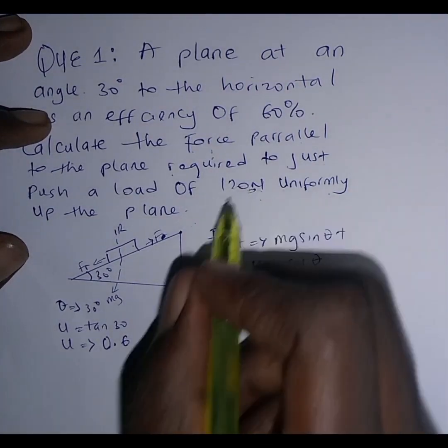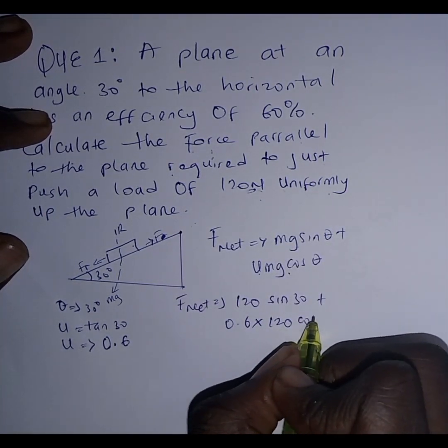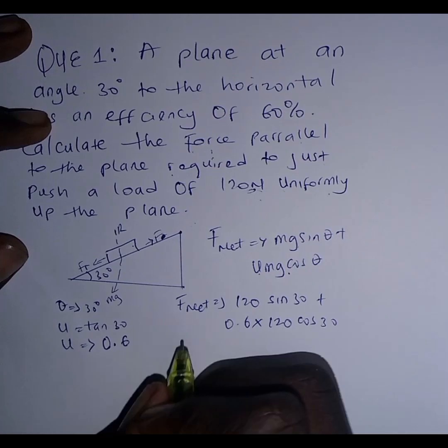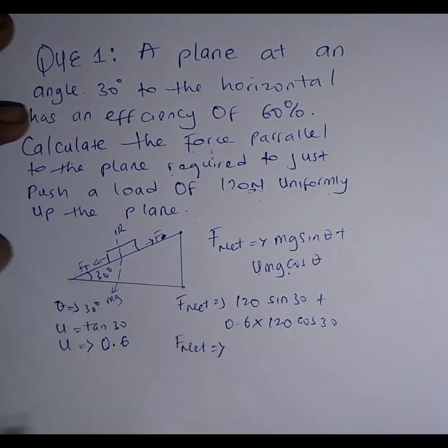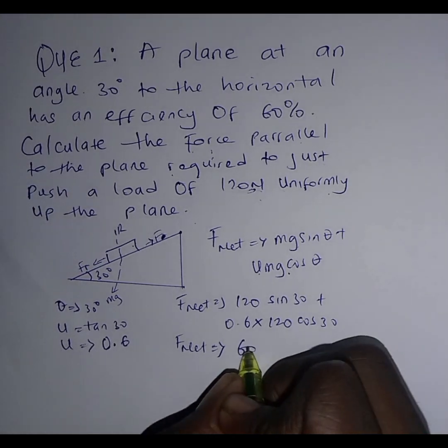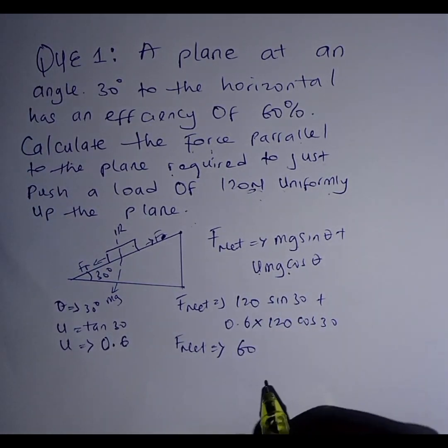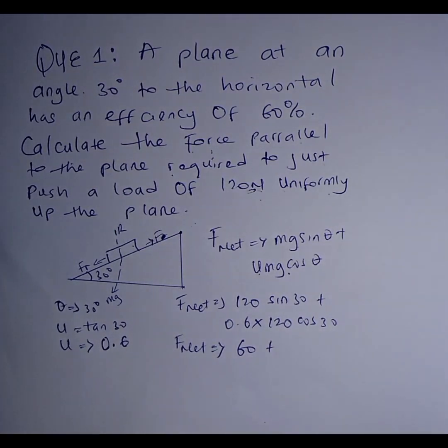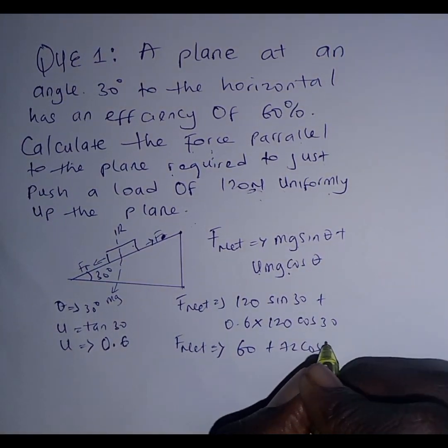times the force, which is the mg, 120 cos 30. So my F net becomes, now 120 sin 30 is 60, because sin 30 is 0.5, half. So half of 120 is 60, plus 0.6 times 120 is 72 cos 30.